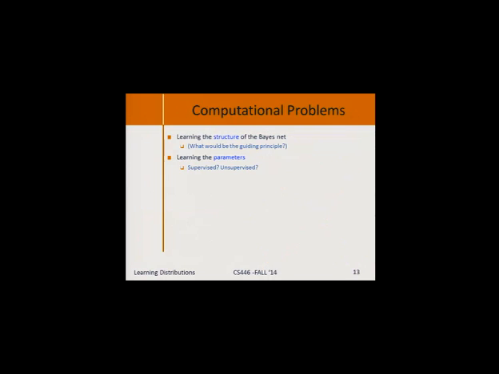So let's think about what computational problems we have to deal with when we represent a probability distribution in general, and specifically represent it this way. First of all, we have learning problems. We want to learn the structure. In this case, I invented the Bayes net.